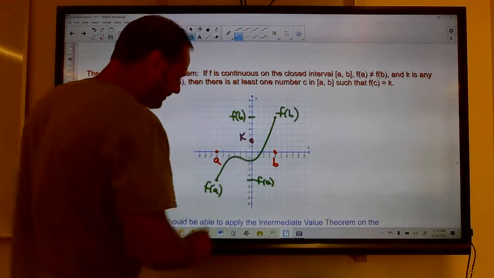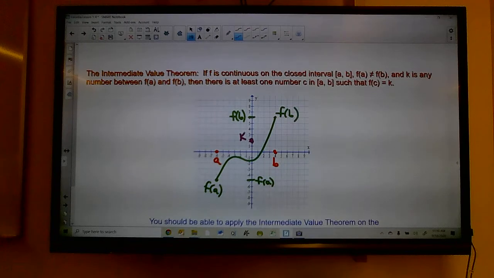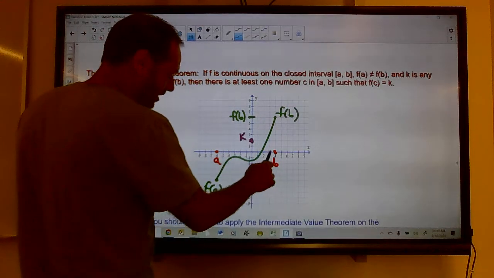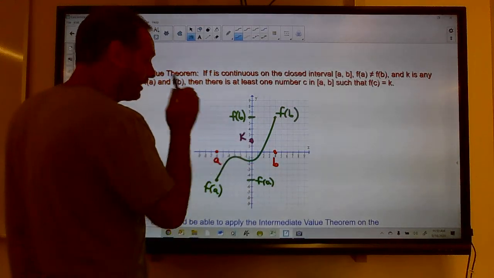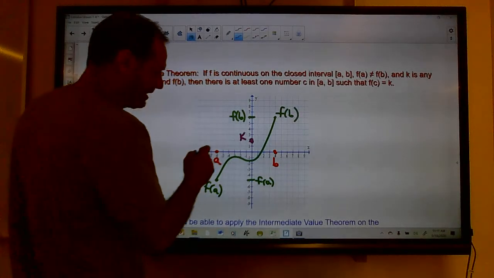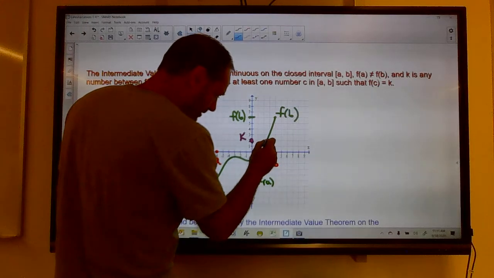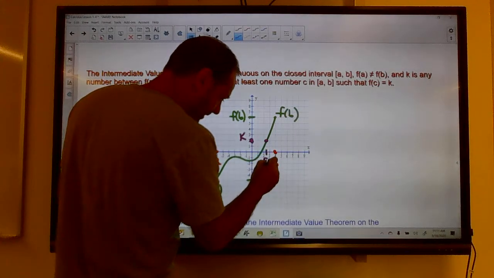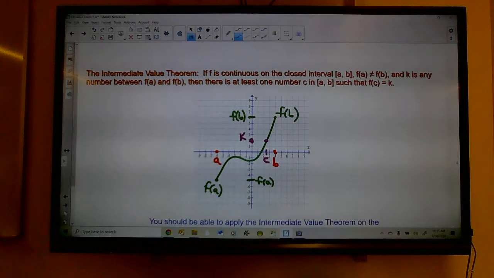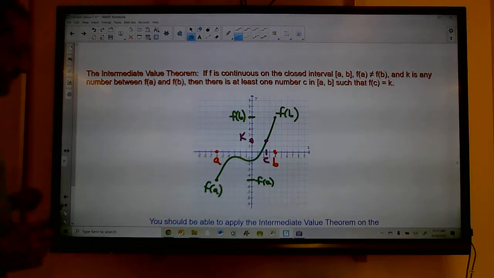There's k. So what this means is there is at least one number c on the interval from A to B, some number c along here where f of c equals k. And that would be right there. There's c.